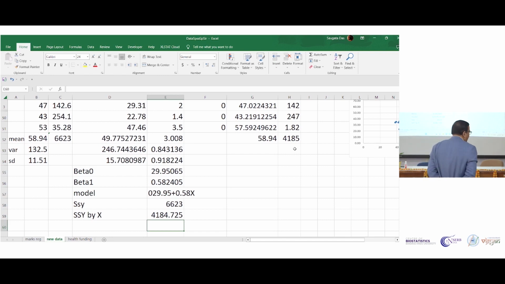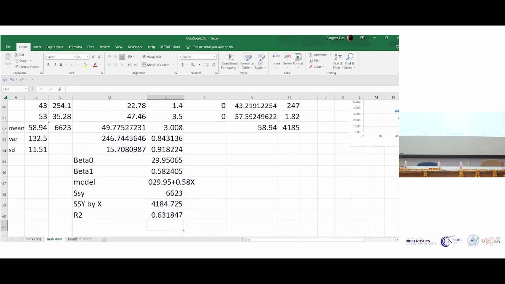The R square of our present model is equals to this upon this. 63%. 63% means the 63% variability in the values of variable y is due to attendance.